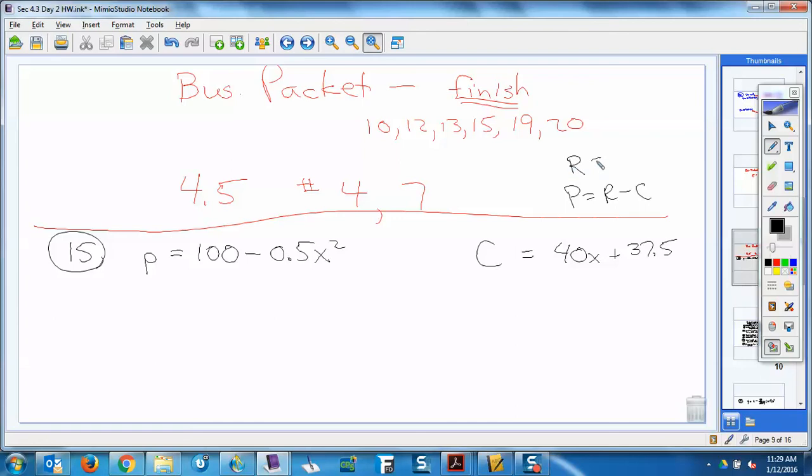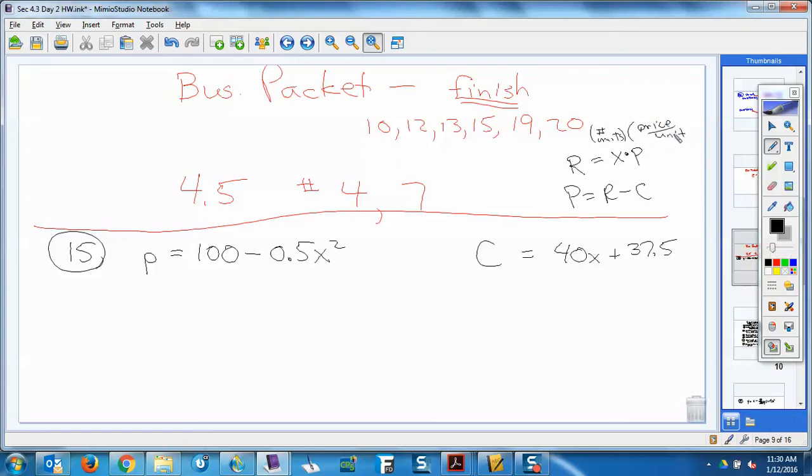What do they have for the little equation for revenue? It's not profit though, it's little p. What's little p? Price per unit. Remember yesterday when we wrote this up, we said revenue was the number of units times price per unit.